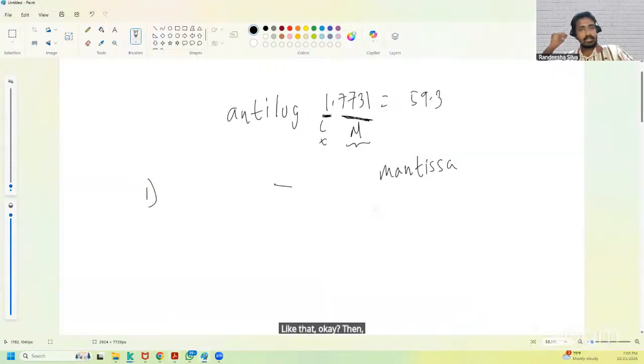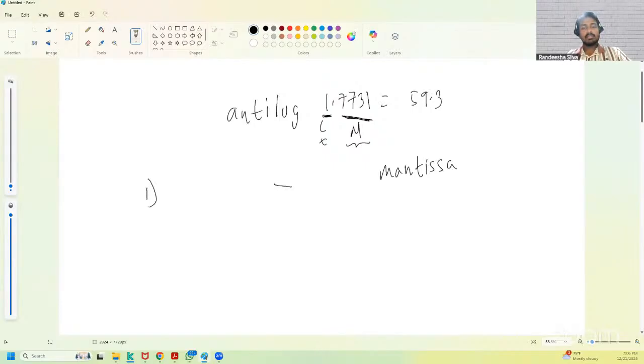Then, second point, search the table. With a dash, write down like this: find the four-digit number inside the logarithms table that is closest to your mantissa but smaller than it.